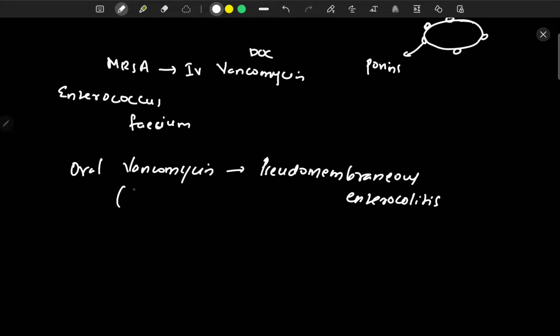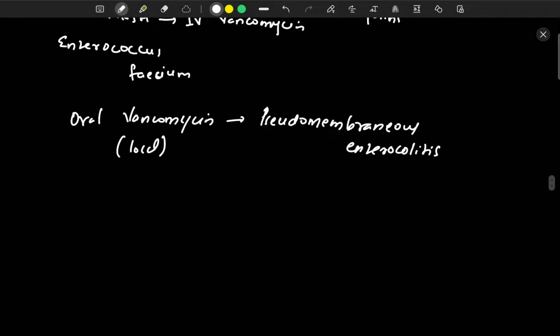So this is for localized effect. Actually, vancomycin is a glycopeptide, so it won't be absorbed. In pseudomembranous enterocolitis, it is a problem of the GI tract. So for the localized effect, we can give oral vancomycin as the drug of choice.